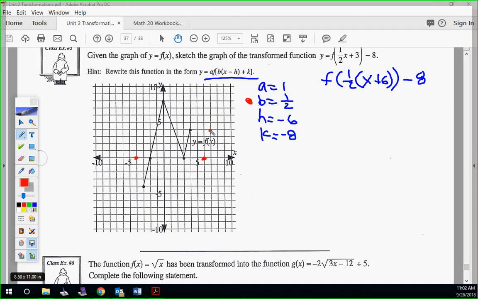The y one won't move, and this one's going to be negative 6. So there's my outline after we do our horizontal stretch. You can see it's been stretched horizontally, it's wider, so we feel good about it.